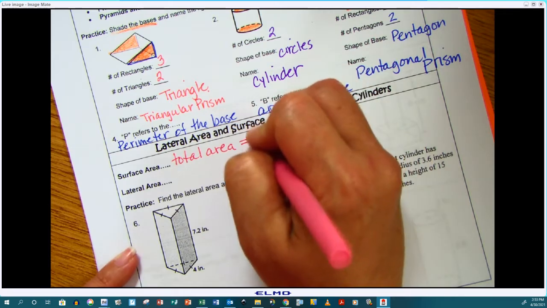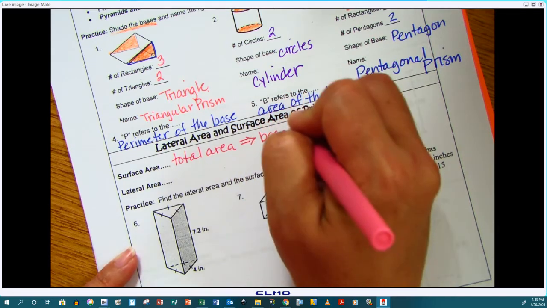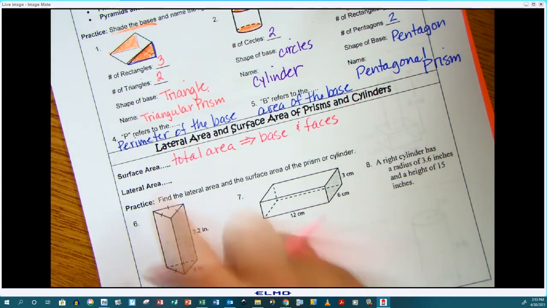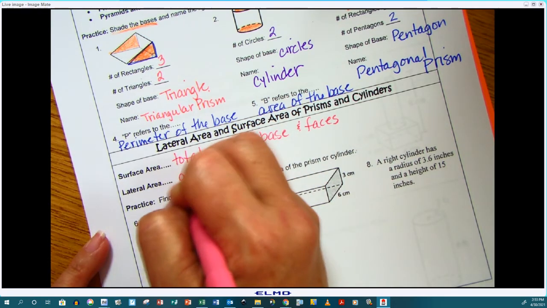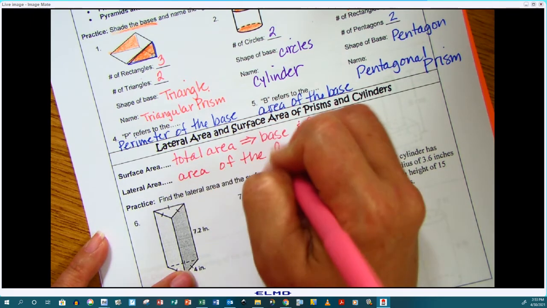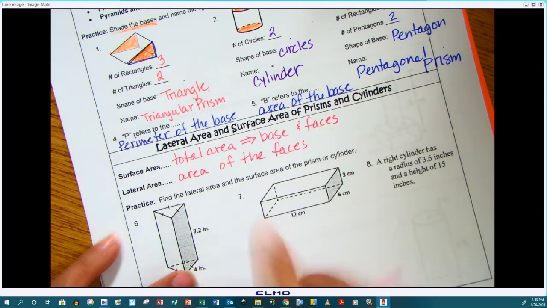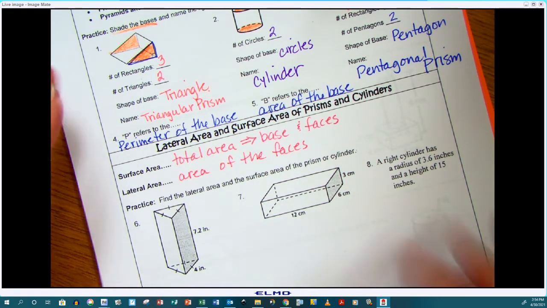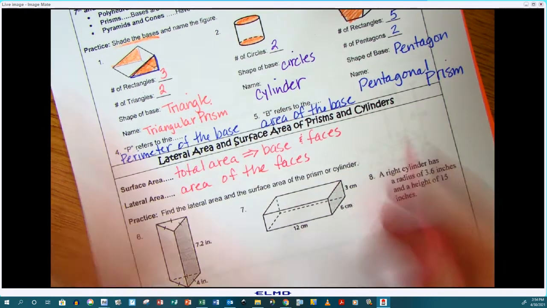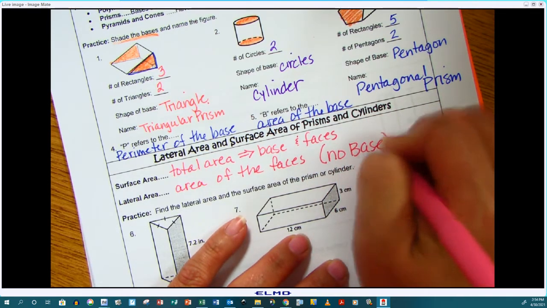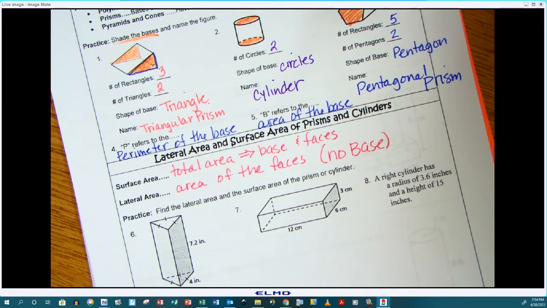That means bases and faces. Lateral area is just area of the faces. So if it's a prism, then you're just finding the area of the rectangles. So this is just area of the faces, no base.